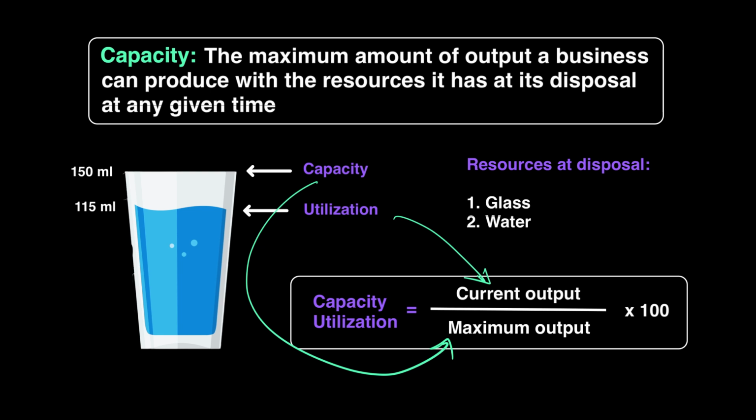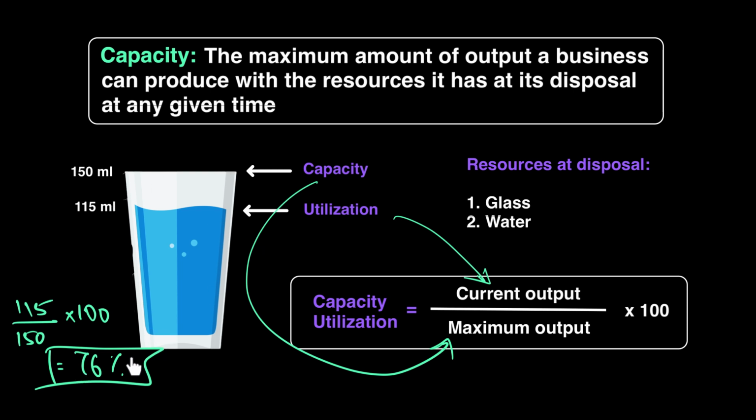So 115 divided by 150 times 100, I believe, is 76%. Right now, with the resources we had at our disposal, we are able to utilize 76% of the maximum capacity.